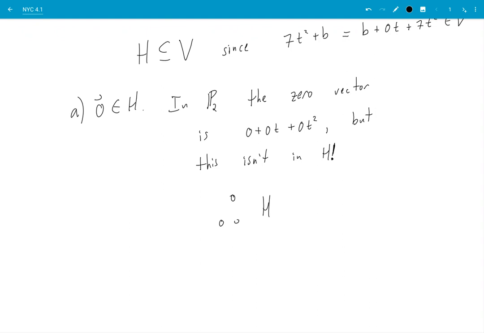Therefore, H is not a subspace of V. You should always write this thing at the end. You should never just write H is not a subspace. You should say it's not a subspace of something. Okay, so it failed one of the 3 tests, so it fails overall.